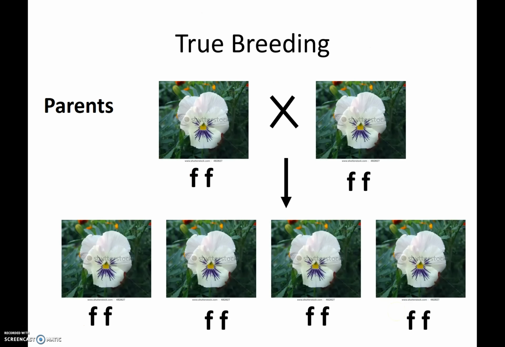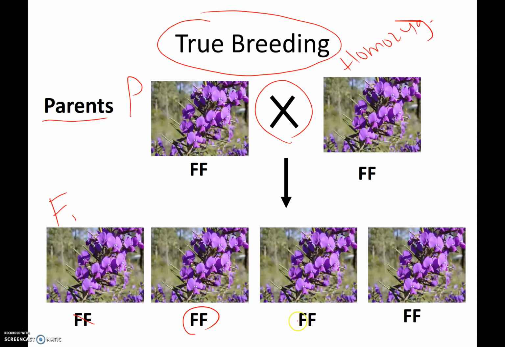Then he took purple flowers and white flowers. Again, the white flowers were also true breeding, which means homozygous for white flower color. Here's the P generation, and here are the F1. For the purple flowers, the F1 are all true breeding or homozygous dominant.